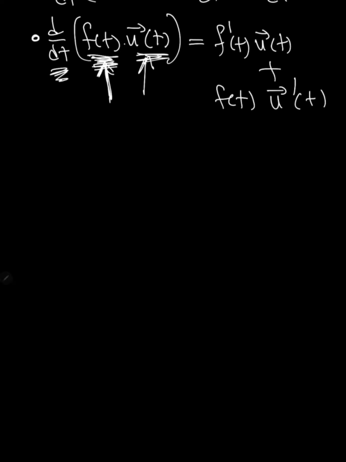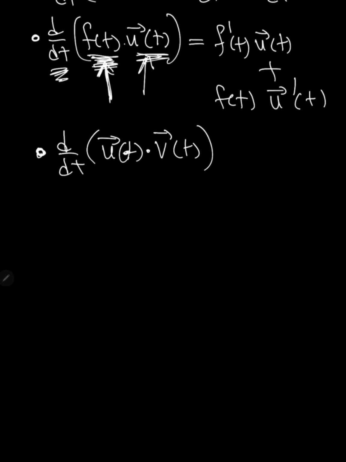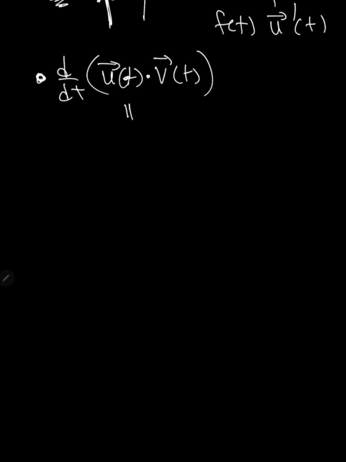All right. Next one. Let me put all the product rules together. There's a couple other product rules. We have another type of product, the dot product, and we just talked about this. Let me emphasize: d/dt of u of t dot v of t works out exactly like we said above, as we expect.